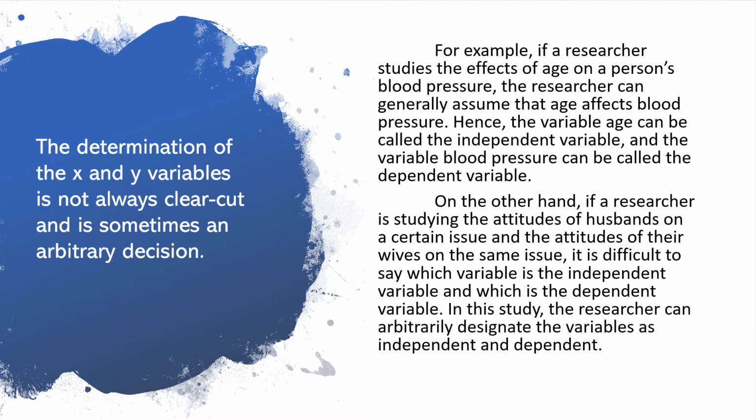On the other hand, if a researcher is studying the attitudes of husbands on a certain issue and the attitudes of their wives on the same issue, it is difficult to say which variable is the independent variable and which is the dependent variable. In this case, the researcher can arbitrarily designate the variables as independent and dependent.